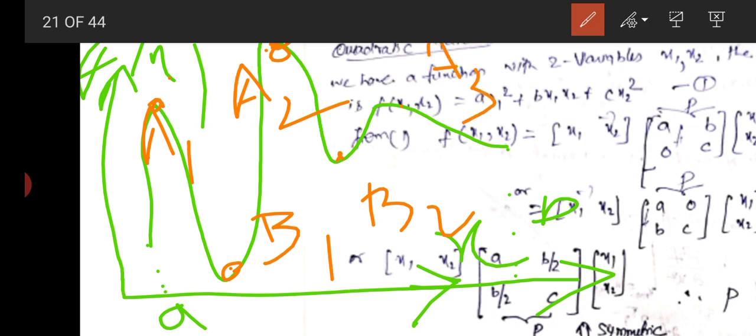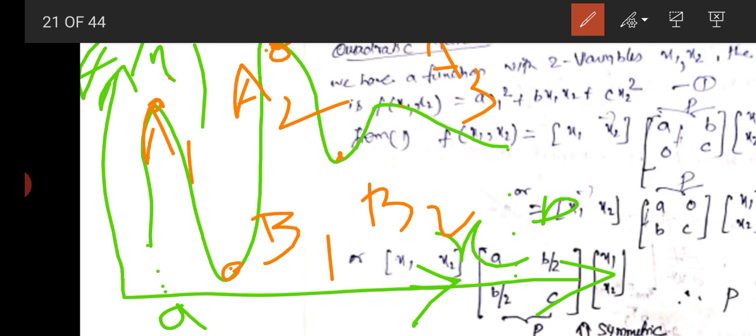When you talk about the points a1, a2, a3, what do they denote? A1, A2, A3 denote the relative maxima in comparison to B1, B2. However, B1 and B2 represent the relative minima.